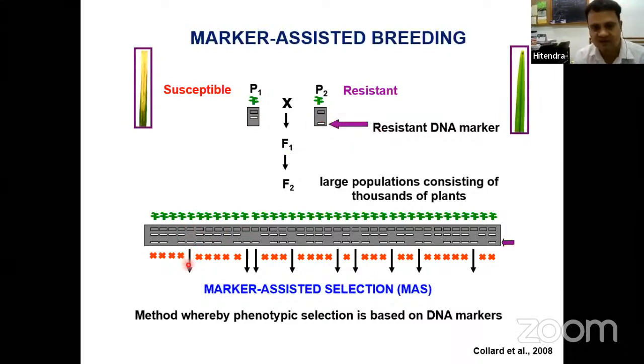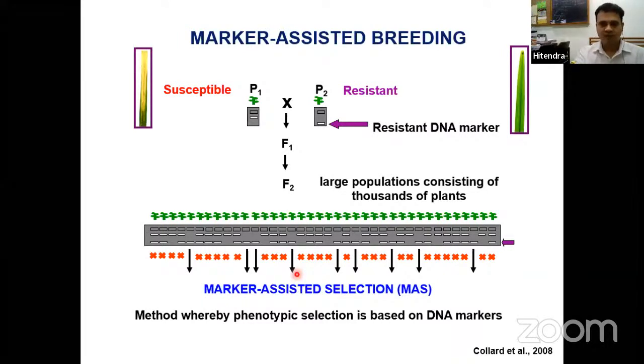You can see in these arrow marks. Wherever there is only that lower band, only those plants we select, and all other plants we discard. So in this case, we handle only the few plants that are of our interest. So we can reduce a lot of our work through this method.